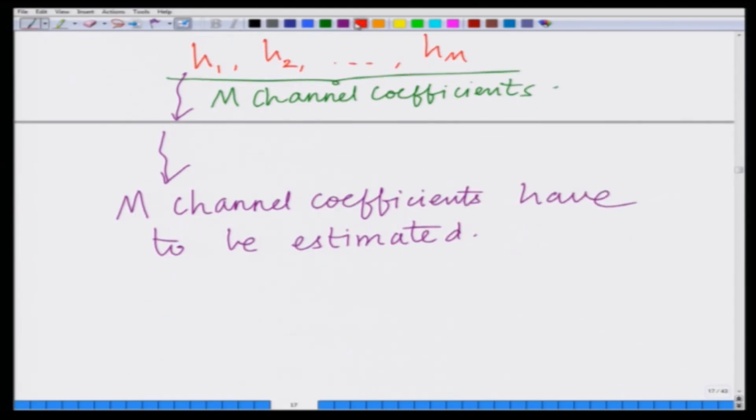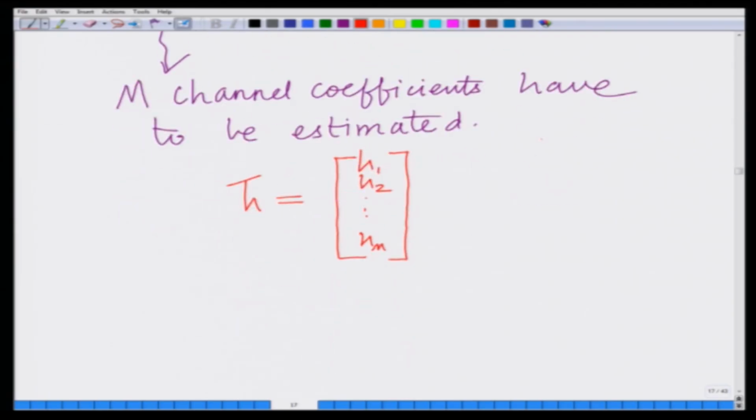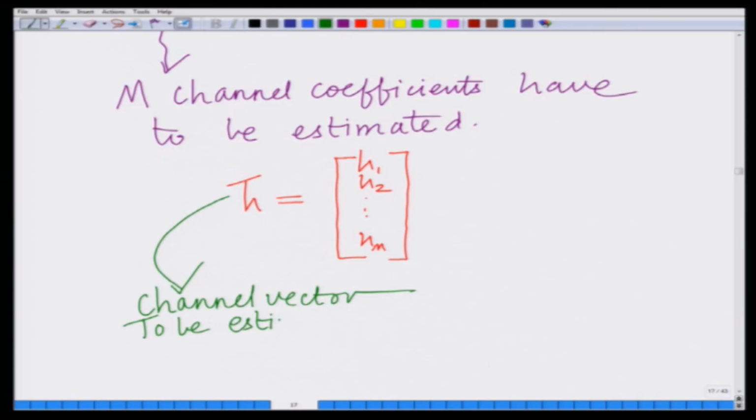These M channel coefficients can be denoted by the vector h bar equals h1, h2, up to hm. So, this is the channel vector which has to be estimated, and these are basically your M channel coefficients.